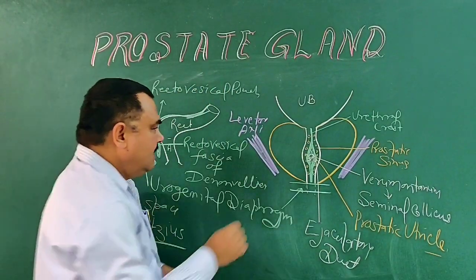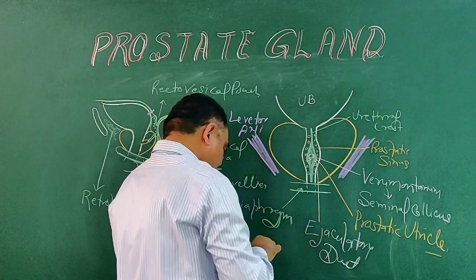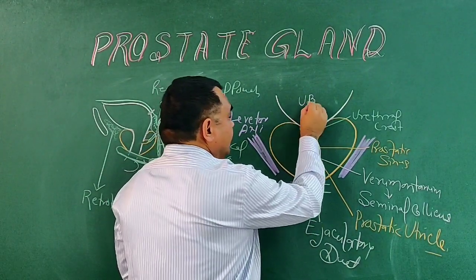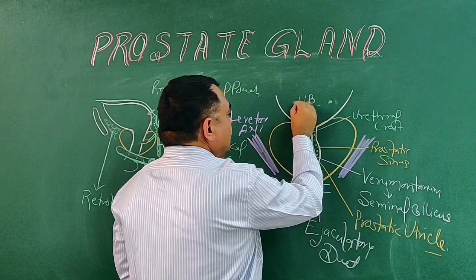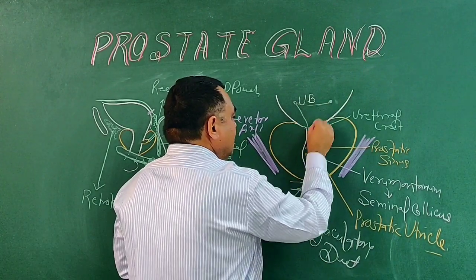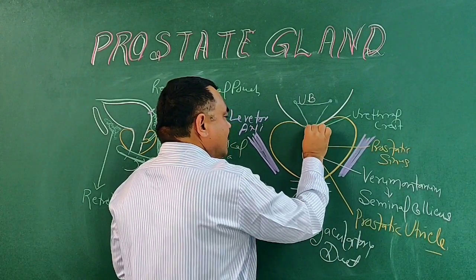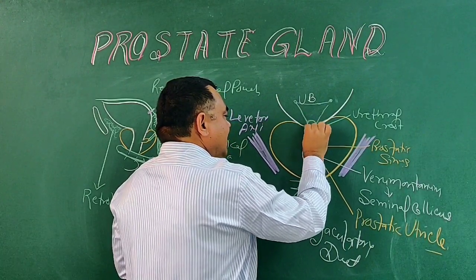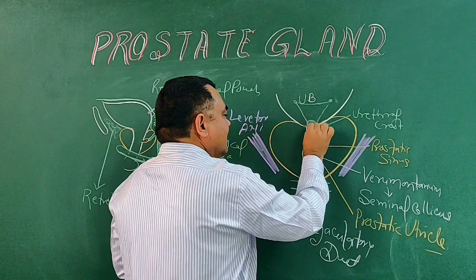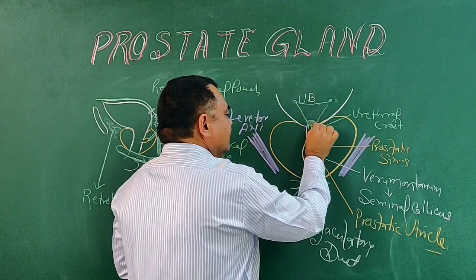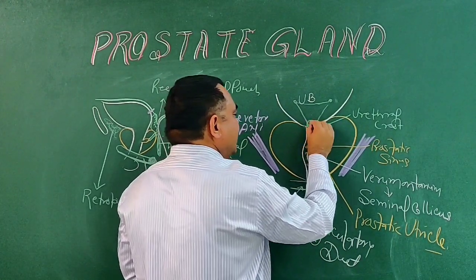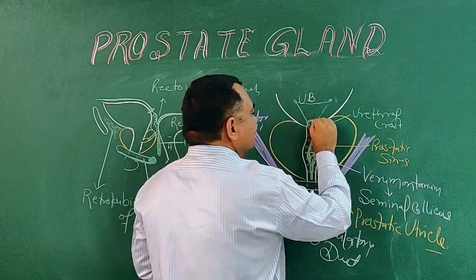And here is another elevation. Here is the position of the ureter. This is the trigone, and on the posterior side in this trigone area there is a slight elevation. This is known as the uvula vesicae.